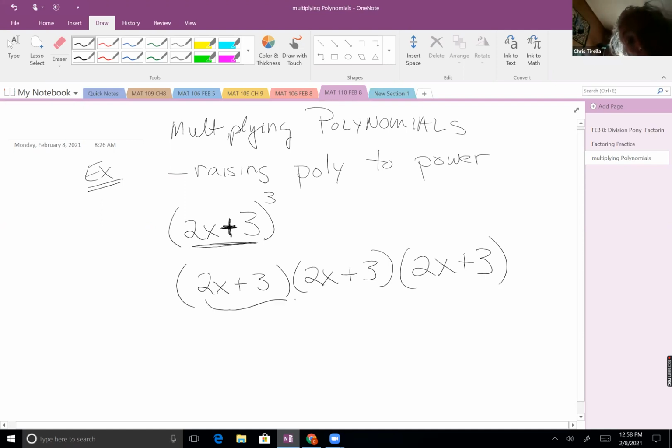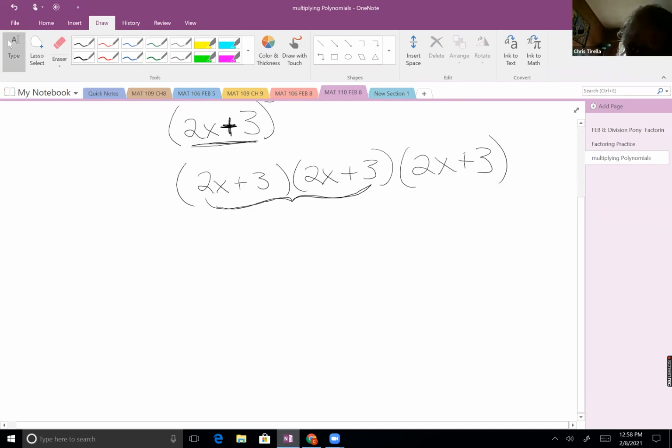And so now to multiply these two, depending on what you liked last class, we have to either distribute twice or FOIL or box. I'm a FOILer, so first, 2x times 2x is 4x squared.